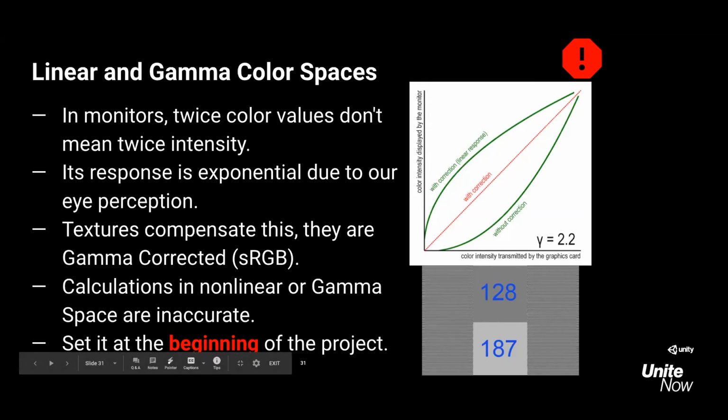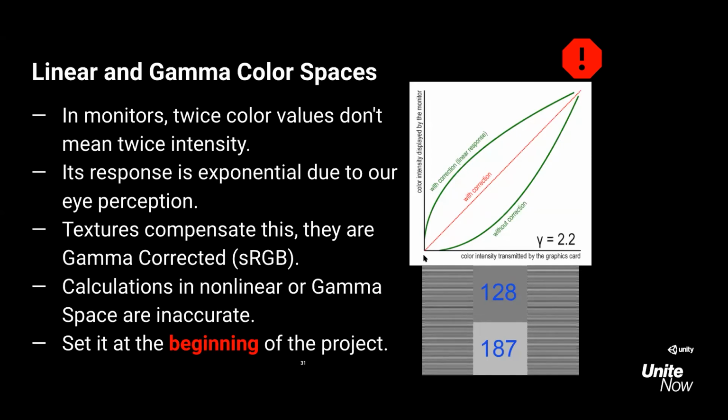So, okay, what's the problem with that? Lighting calculations work in a linear way. The output of our video card to the screen is going to be linear, but our eyes are not going to perceive that. So we need to apply what is called a gamma correction. The gamma correction just compensates for our eyes' nonlinear response. So you can see here this line showing that, given any intensity output by the graphics card, this is how our eye is going to capture it.